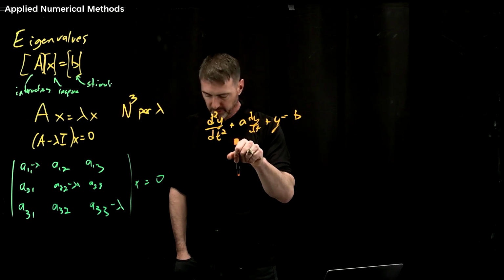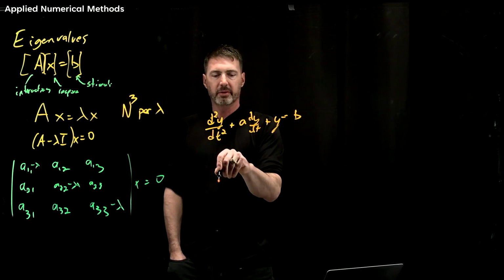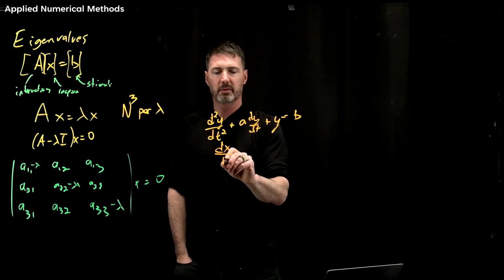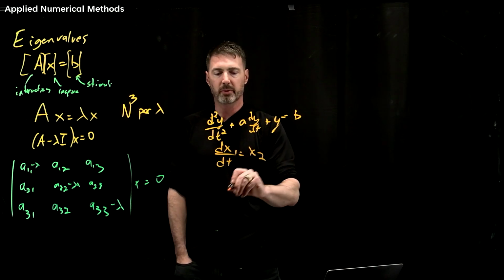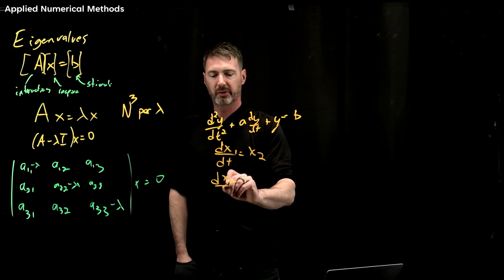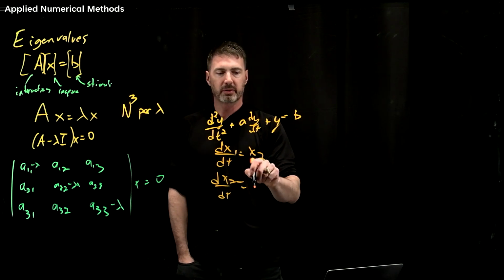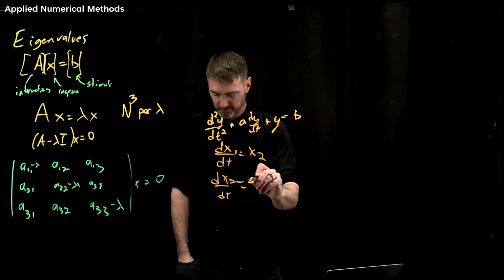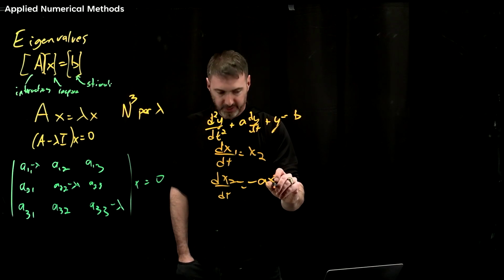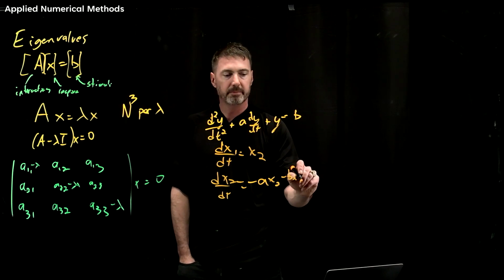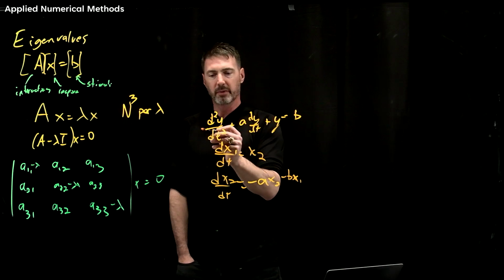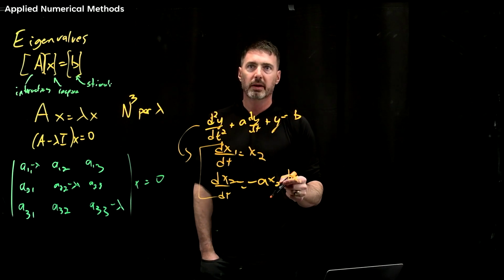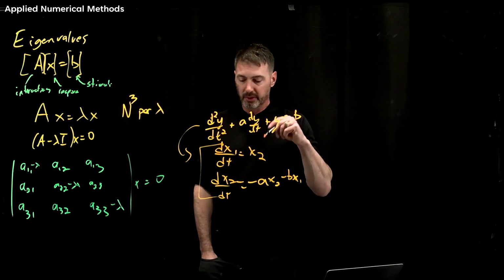Usually what you'll end up doing is you'll say, I'm going to define this differently. I'm going to define an x1 variable, whose time rate of change is x2, and then the time rate of change of x2 is equal to, replacing it into here, minus a x2 minus b x1. And so you're going to convert a second order differential equation into a pair of first order differential equations. And then you would go from there.